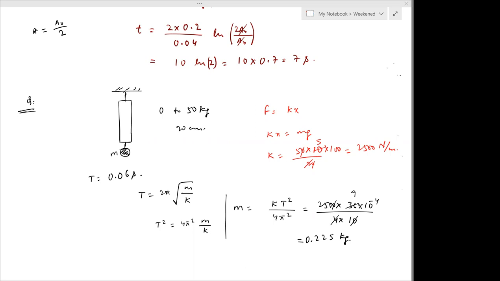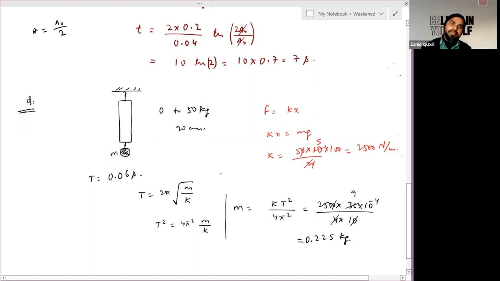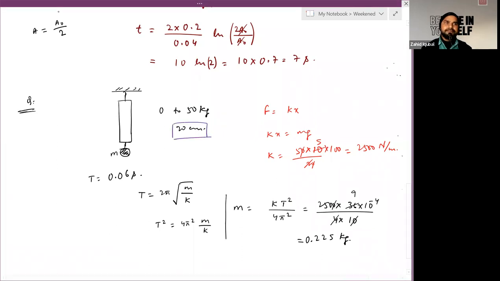And sir, in k equals mg by x, why did we multiply it by 100? To convert centimeter into meter, we have x in centimeter. Yes, sir.